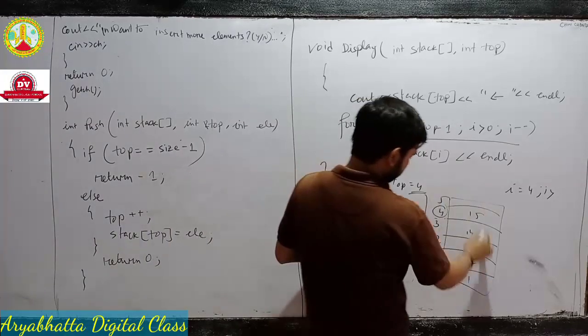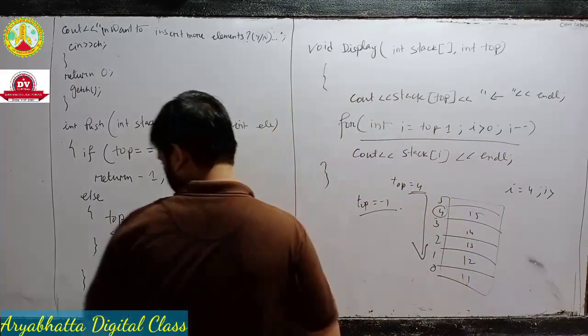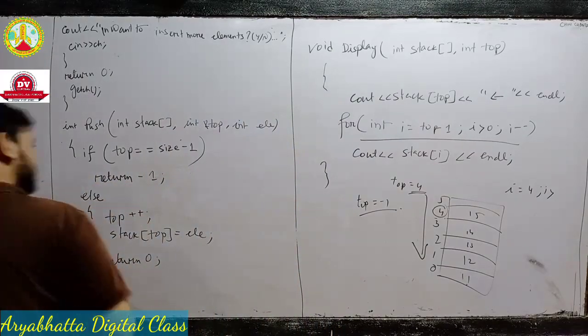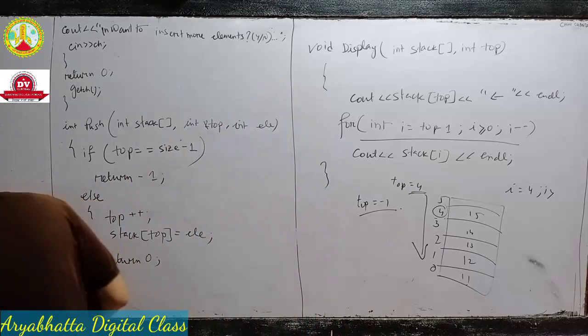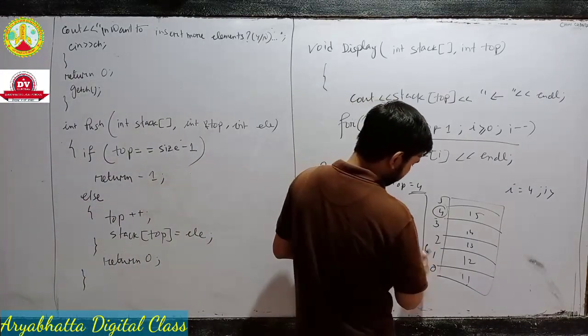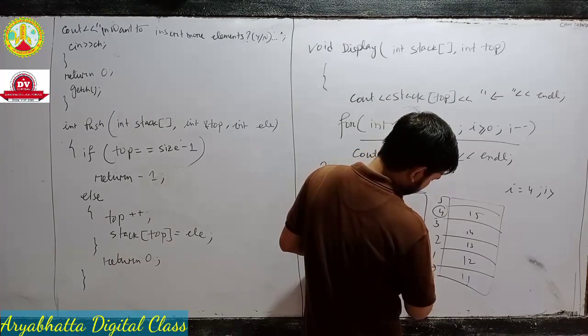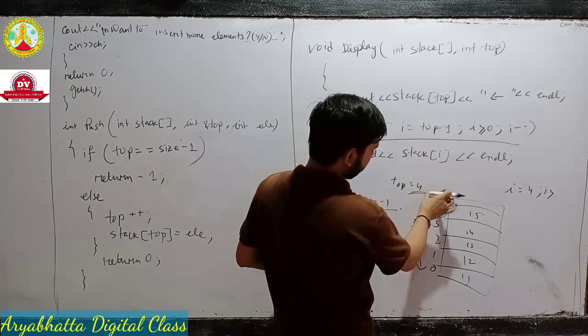Okay, 0 like that. Once again, i greater than or equal to 0. That's why I am saying yes, i greater than or equal to 0, because up to 0 it is coming. Okay, that's why we use a decrement loop for this.